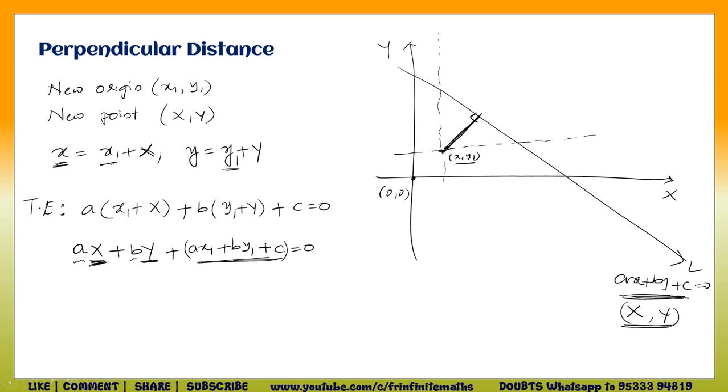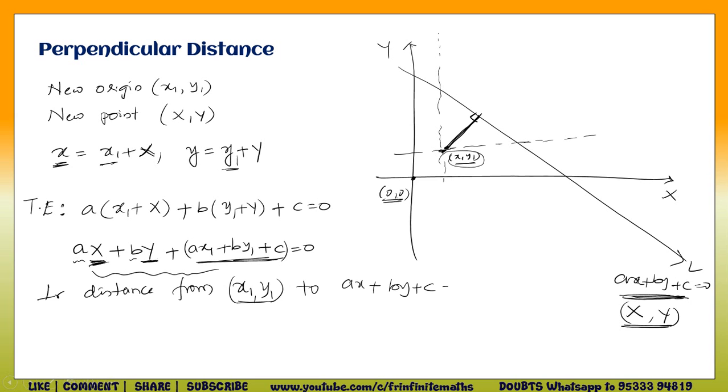Since this is the translated equation, directly I can say the perpendicular distance, because the origin 0 comma 0 becomes 0 comma 0 here. From that, the perpendicular distance we already know. The perpendicular distance from the new origin, x1 comma y1, to this line, is given by: what is the constant here?